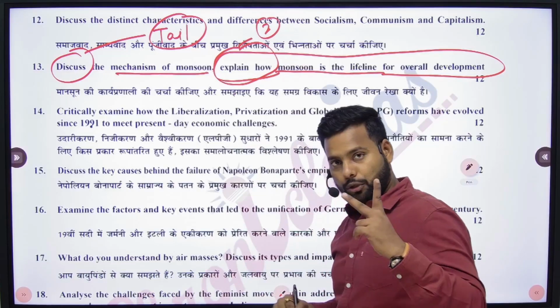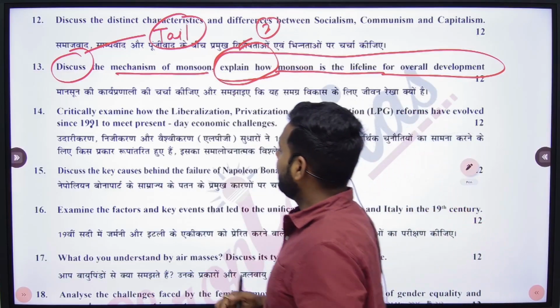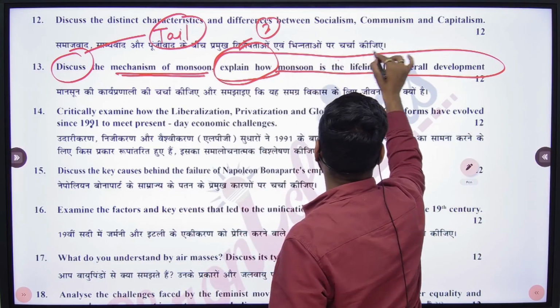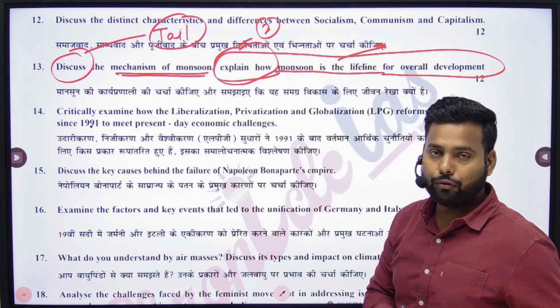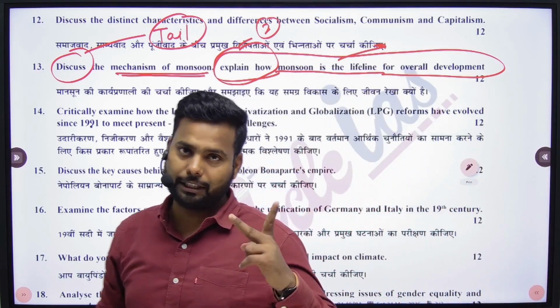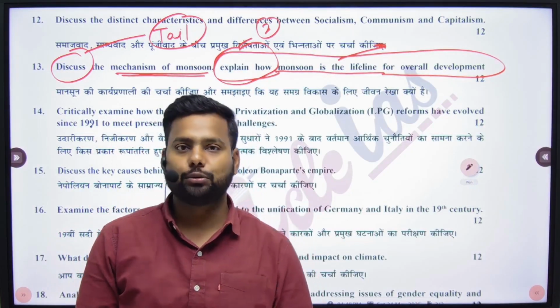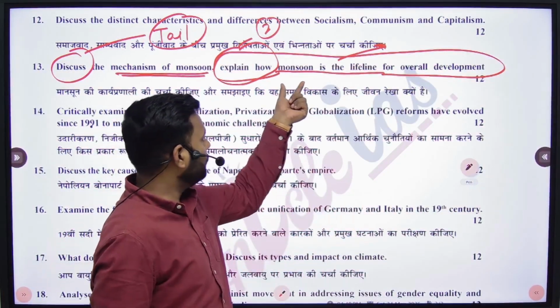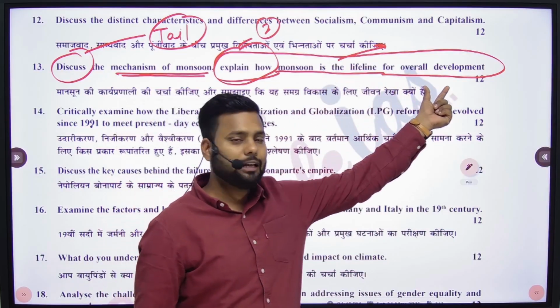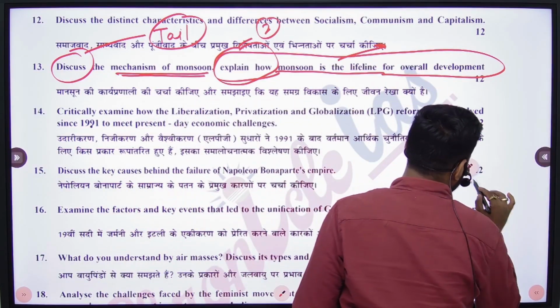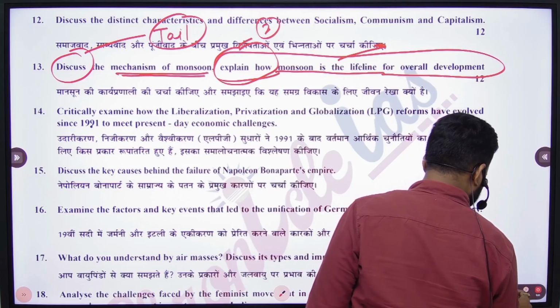There are two tail words in this question. There are two statements in the question. One is discuss the mechanism of monsoon, and the second one is explain how the monsoon is the lifeline of overall development.